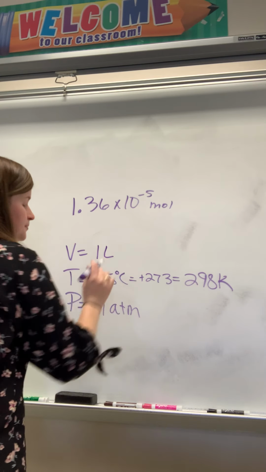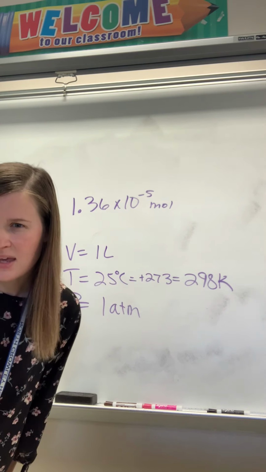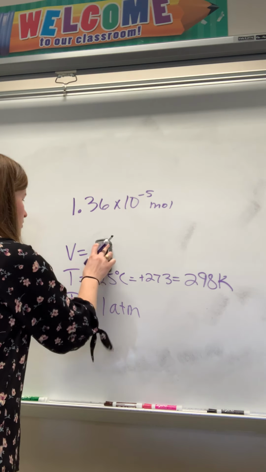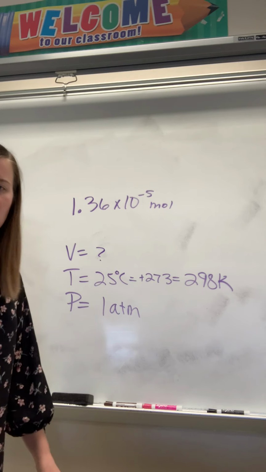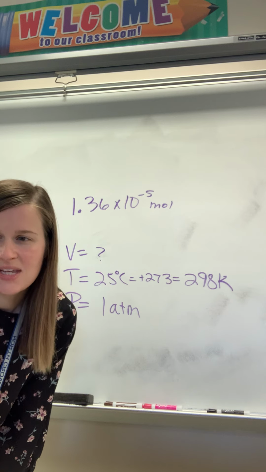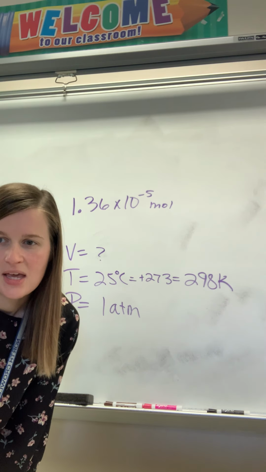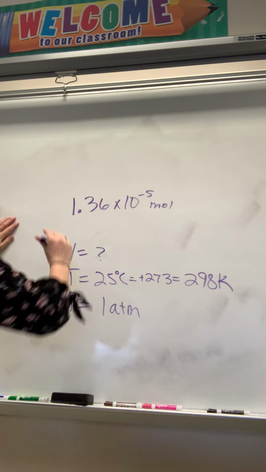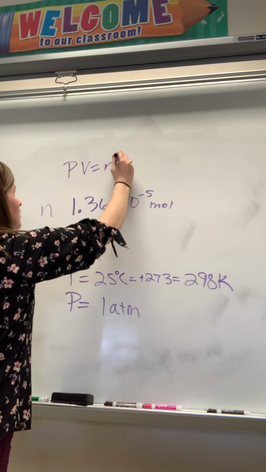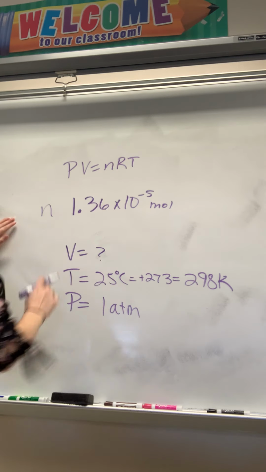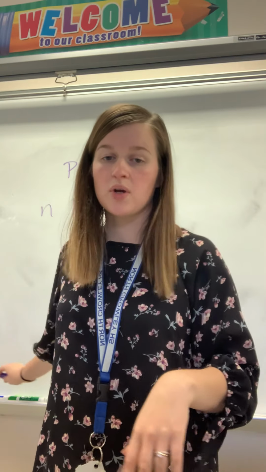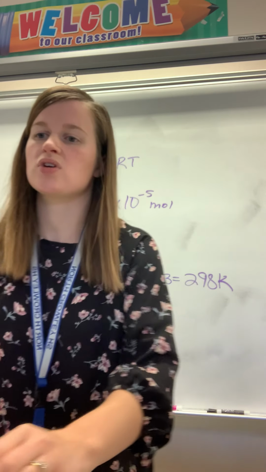Oh no, never mind. It's dissolved in 1 liter of pure water. I should read the rest of the way. So I'm still looking for my volume. 1 liter of pure water in order to prepare a solution of the same concentration as that obtained in B. And so we know our moles. N is moles, so we're plugging into PV equals nRT to solve for that volume of oxygen required, and it wants it to be the same concentration from B.